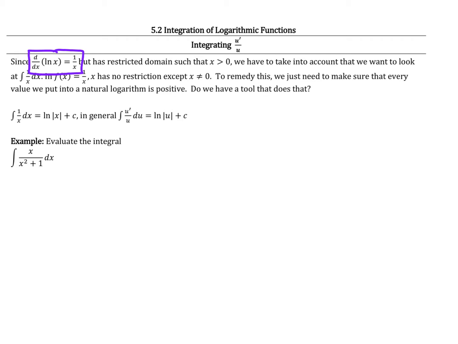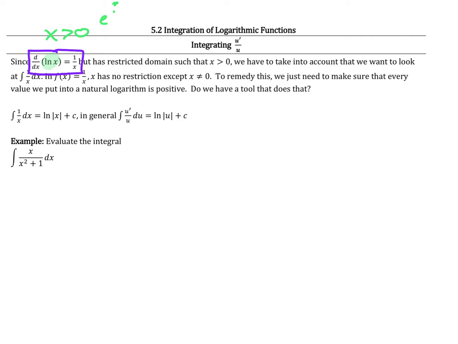One thing that we didn't talk about before that we're going to need to talk about before we get into integration is that natural log of x has a very specific domain restriction: all of the x values that we plug in have to be positive, because natural log of a value is exponents that come from e. E to any power will never be negative and it will never be 0.